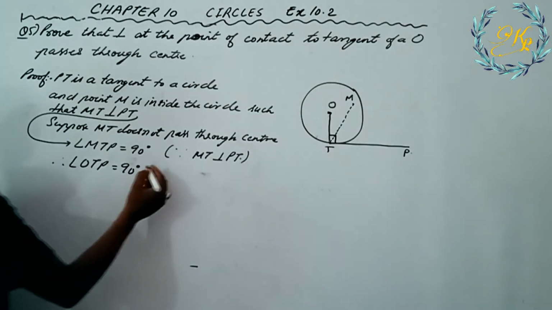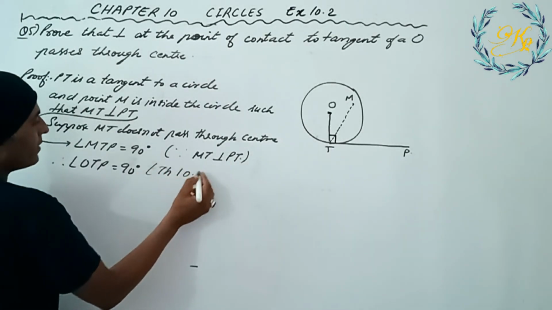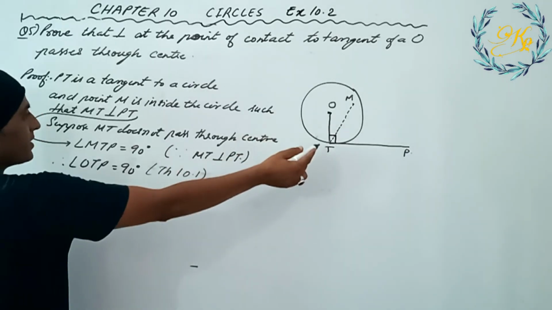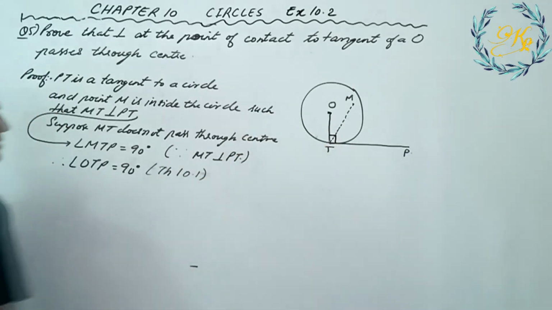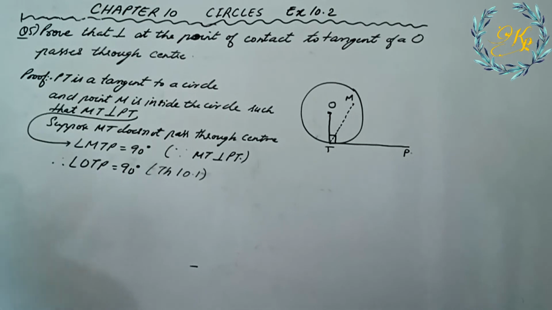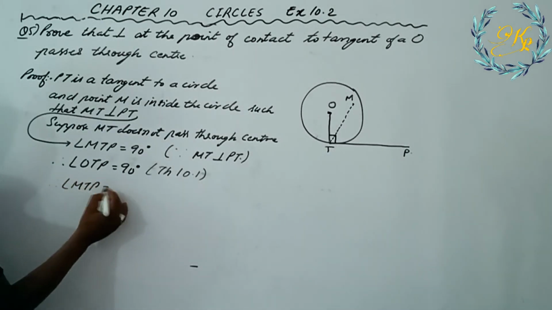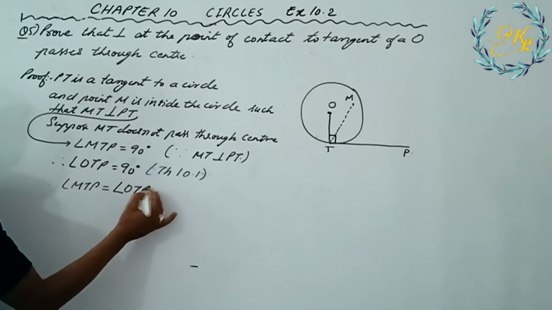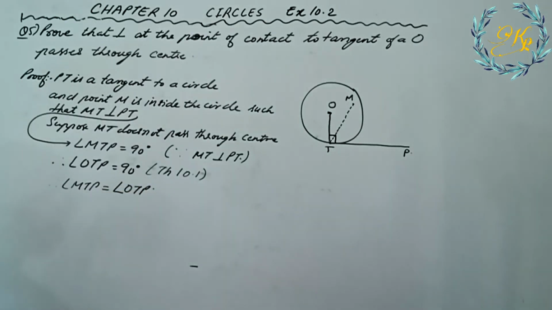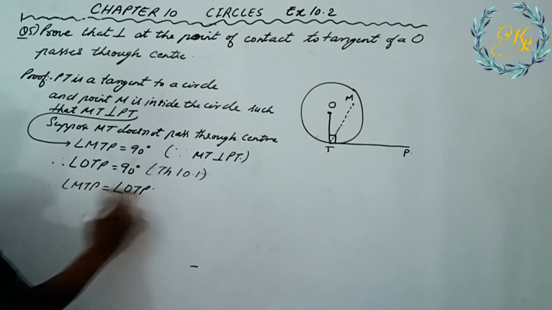Alright, so we write here according to Theorem 10.1, the radius of the circle forms an angle of 90 with the tangent to the circle. Right, so lastly we can say that therefore angle MTP is equal to the measure of angle OTP. This is possible.